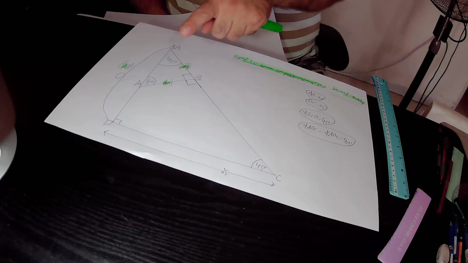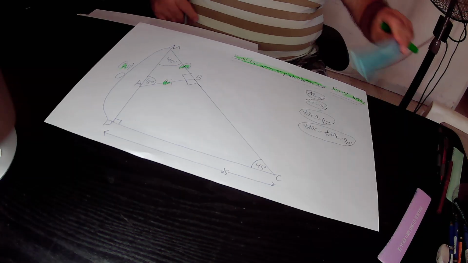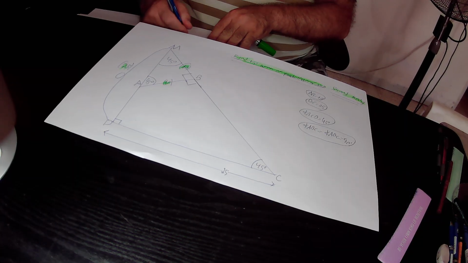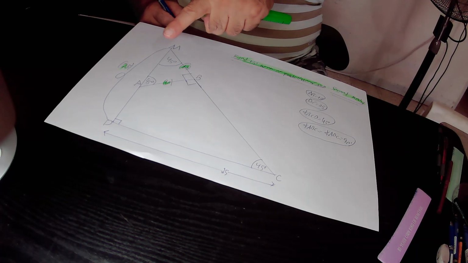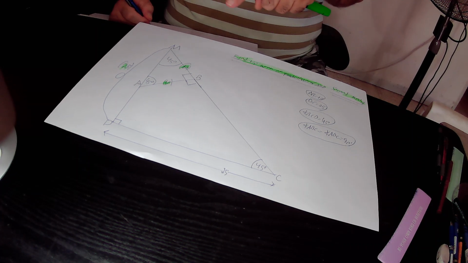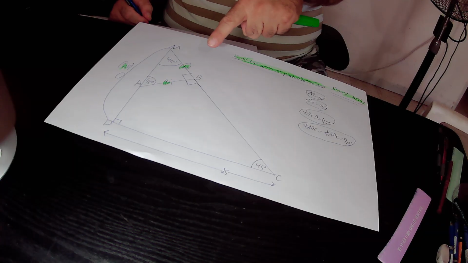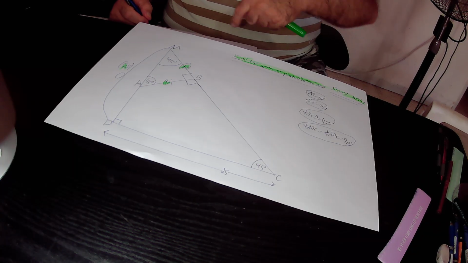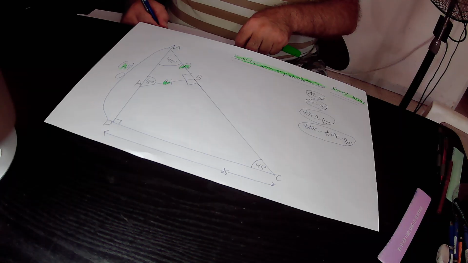DC is 25 times MD is also 25, so it is 25 squared divided by 2, minus AB is 10 and BM is also 10, so it is 10 times 10.